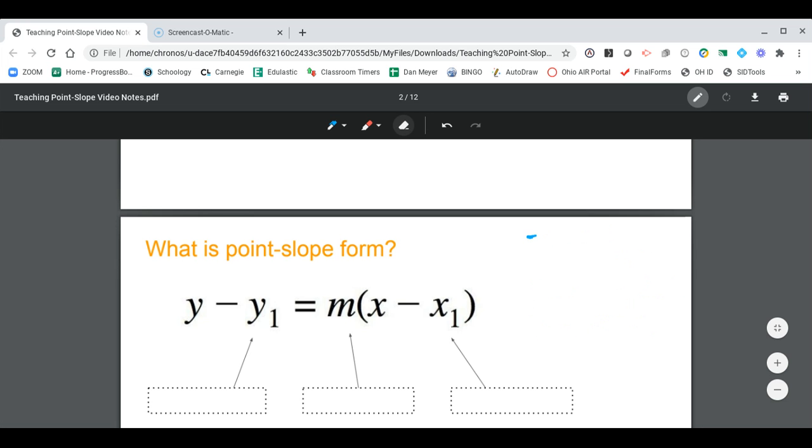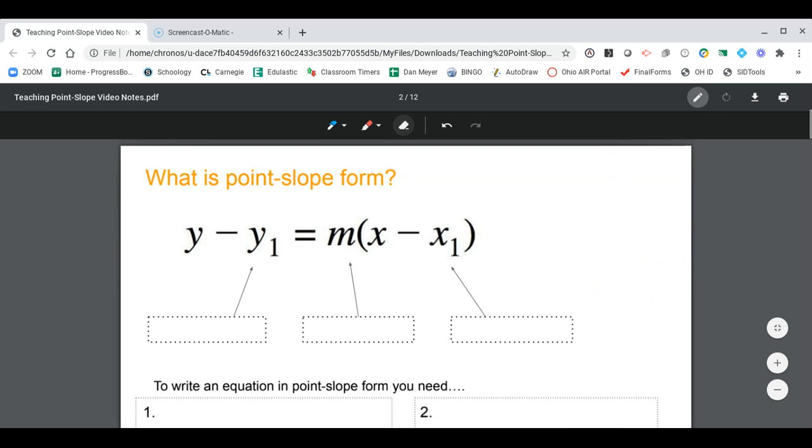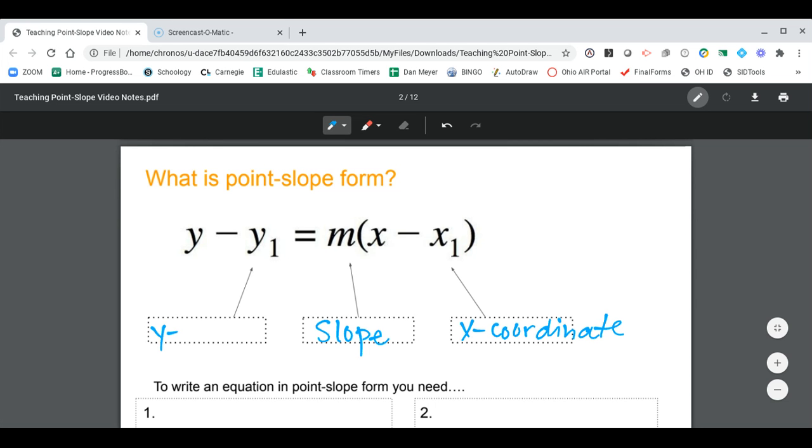So if you could take a guess what two pieces you're going to see in the equation, you'll probably be correct. So we've got three arrows with boxes. I think you guys could probably guess what the m is. So m is still slope. And then x1 and y1, it is the x-coordinate of a point, and y1 is the corresponding y-coordinate.